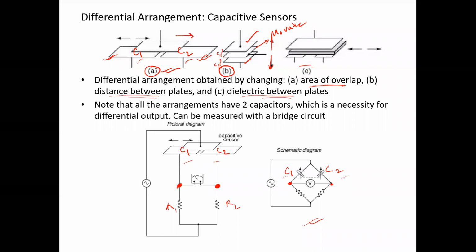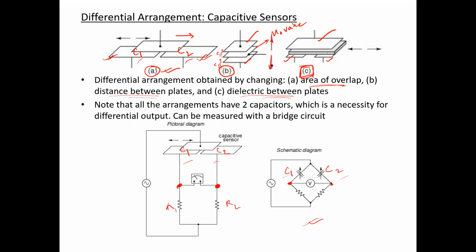Similarly, one differential arrangement can also be obtained by varying the dielectric material between the plates. So for this sort of arrangement, all the three plates, the upper plate and the two lower plates, can be considered to be static, and depending on the movement of the dielectric material, or how much dielectric material is present between the two plates, that might change the values of the capacitances.